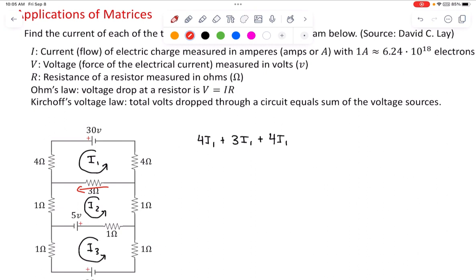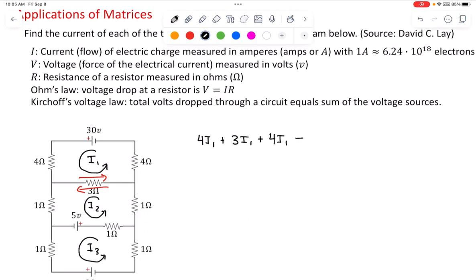We're assuming I2 flows to the left through that resistor, whereas I1 flows to the right through that resistor. So we have a different direction of flow. So what we have to do is remove from this the voltage drop caused by the resistor with regards to the second current.